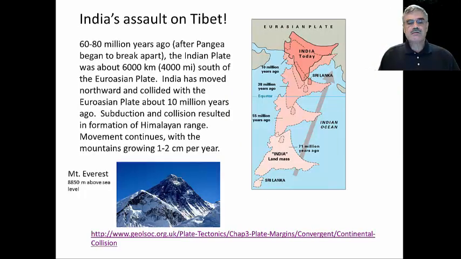I want to show you now a few examples of what can happen when you have some kind of interaction between these tectonic plates. The first example will be the assault of India on Tibet.